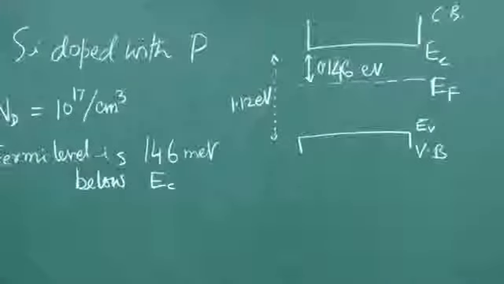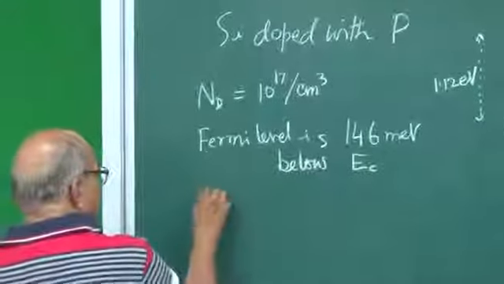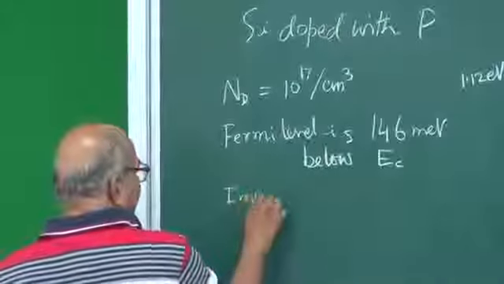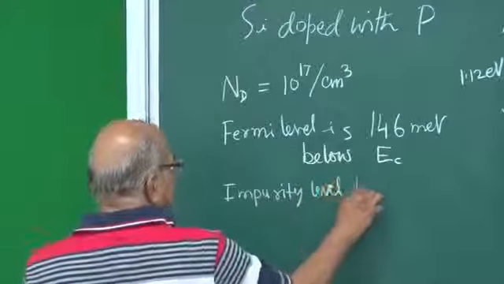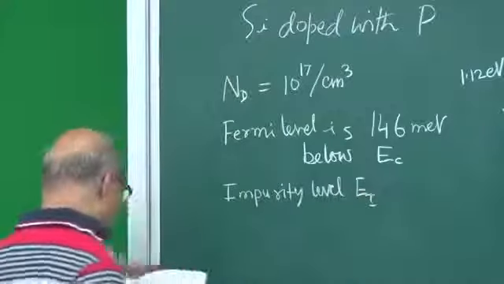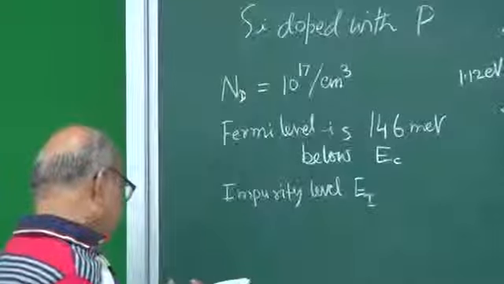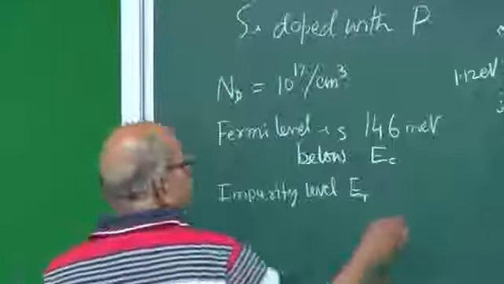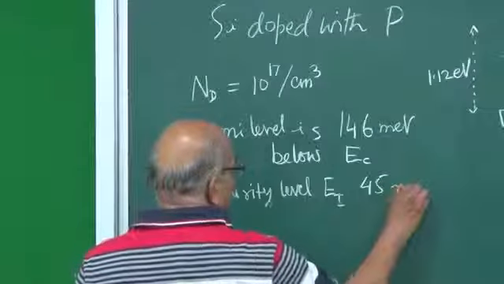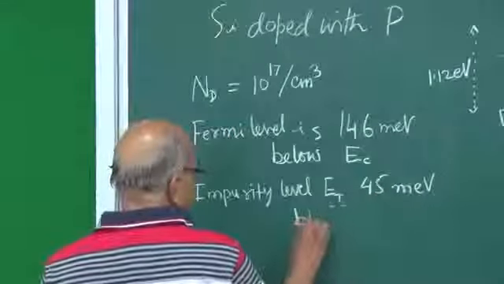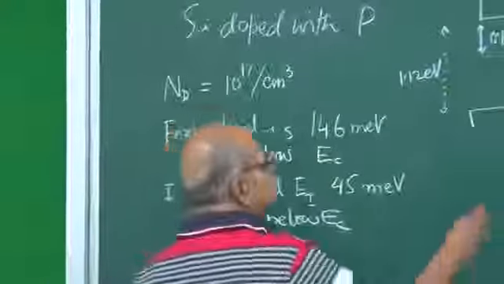And then another data is given that ED, the donor impurity level, which you can call E impurity, is 45 meV below EC. So the impurity level is formed somewhere here.